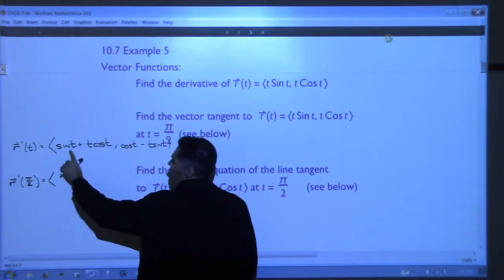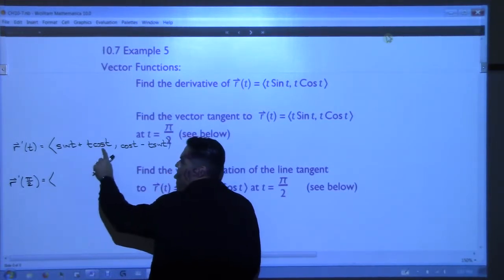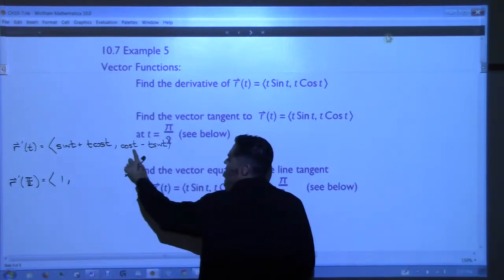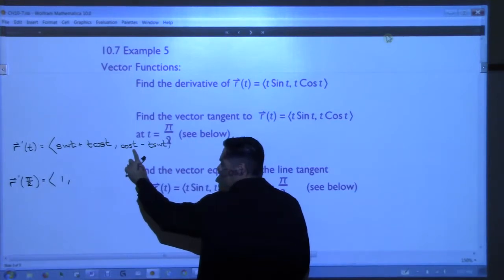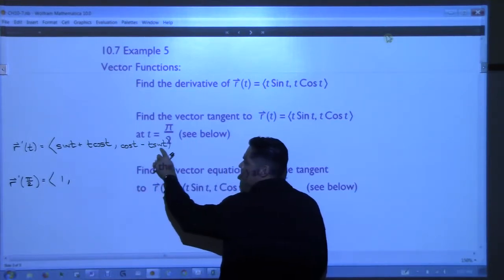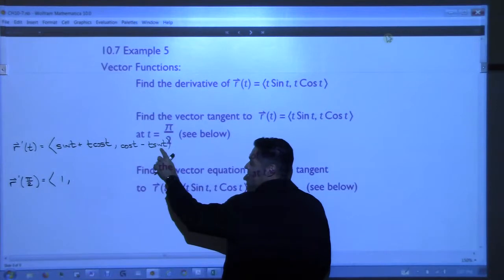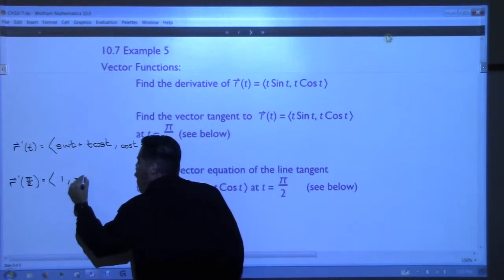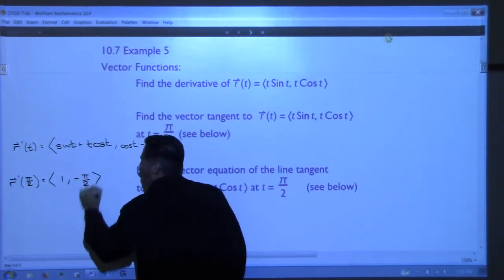Sine of pi over 2 is 1. Cosine of pi over 2 is 0, so that zeroes out. So we just get 1 here, comma. Cosine of pi over 2 is 0, and then sine of pi over 2 is 1, but then times pi over 2. So negative pi over 2. Are y'all with me or not?